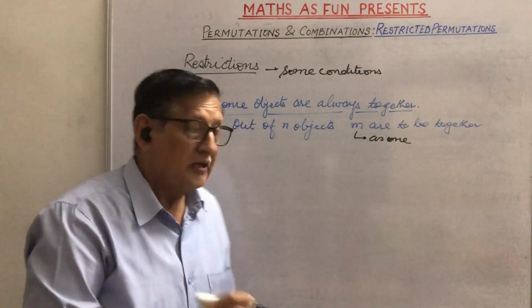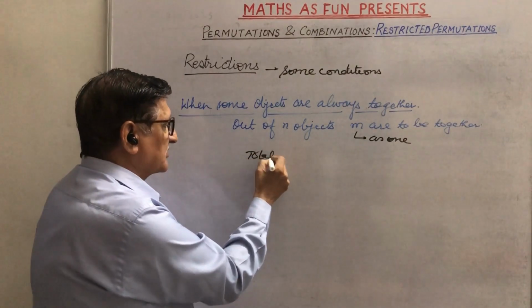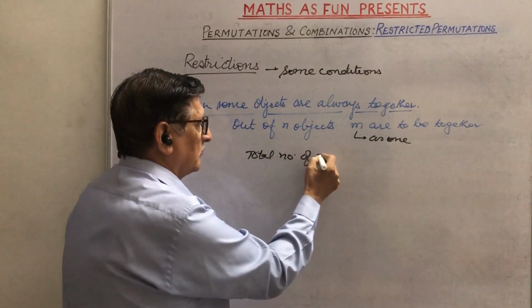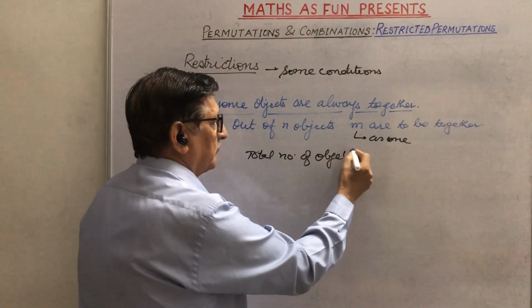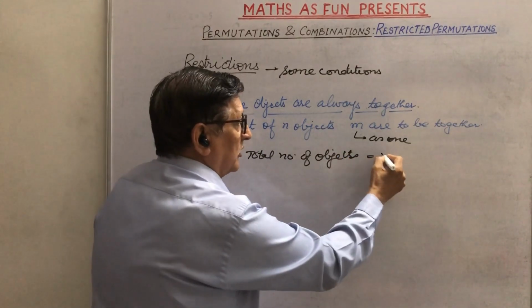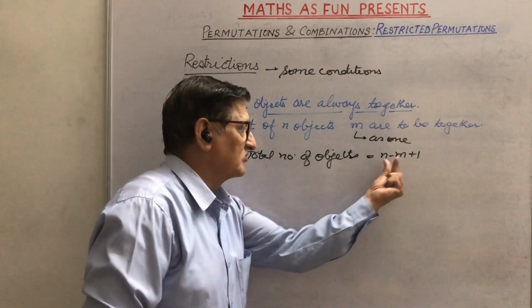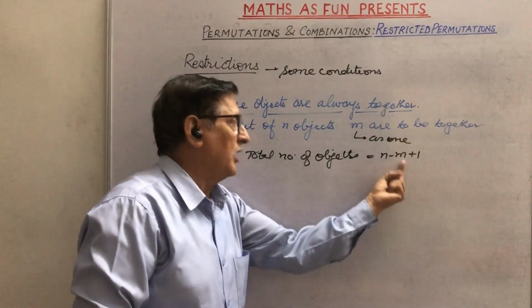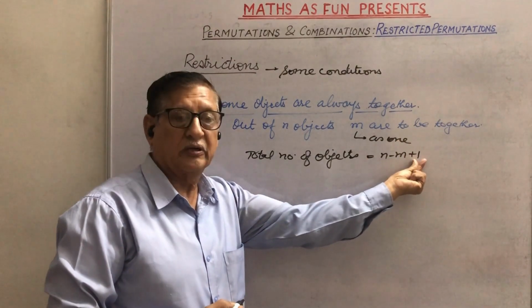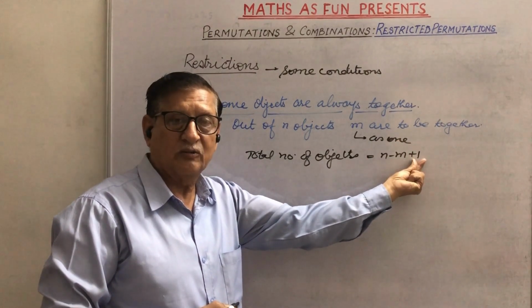It means the total number of objects with us will be equal to n minus m plus 1. Out of n we have subtracted m, and those m are acting as one particular object now.